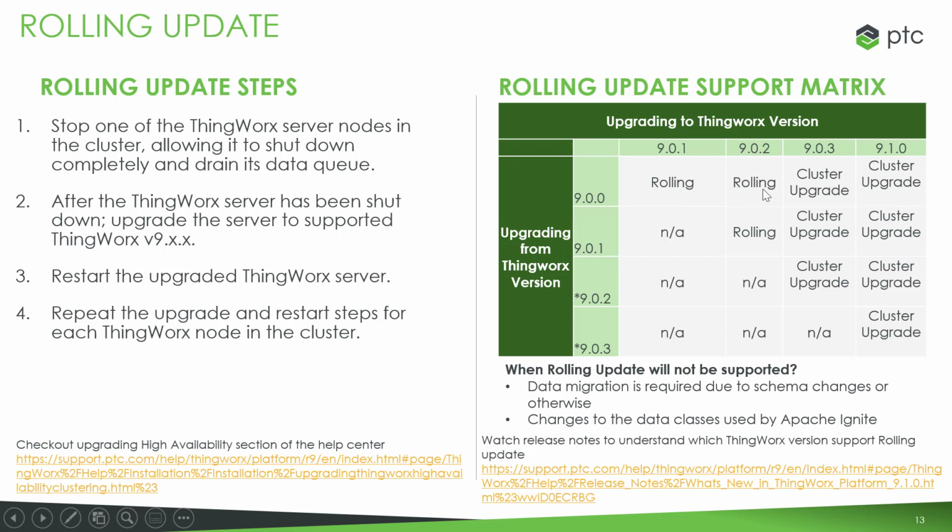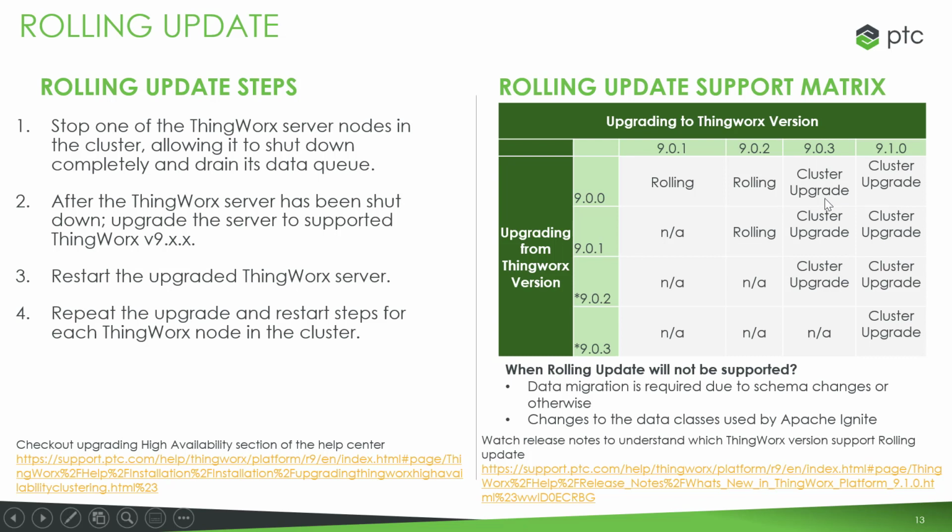Similarly to version 9.0.2, you can perform a rolling upgrade. But if you are moving from 9.0.2 to 9.0.3, you would need to do an entire cluster upgrade, which means you would need to bring the cluster down because of the introduction of some database schema changes and potential changes in the data classes used by Apache Ignite.